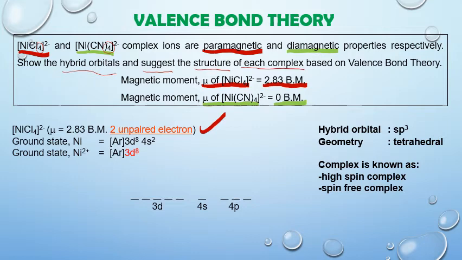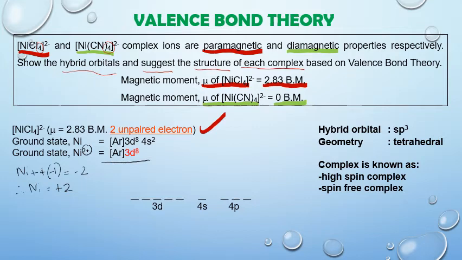Alright, the first step is we need to find out the oxidation number of nickel. So here, nickel plus 4 chloro equals minus 2, and we will get nickel plus 2 oxidation number. So the next step is we need to find out the electron configuration for nickel 2. And then we look at the number of electrons in the 3d orbitals here.